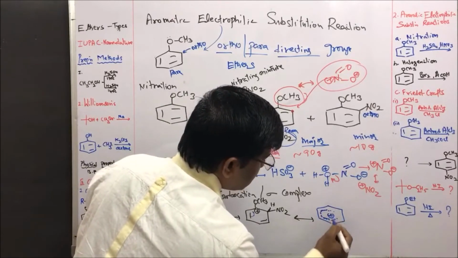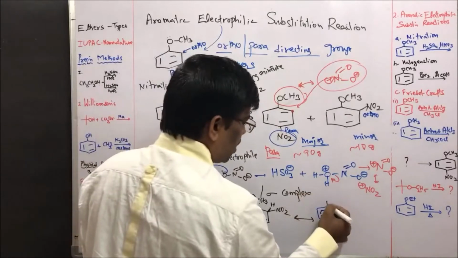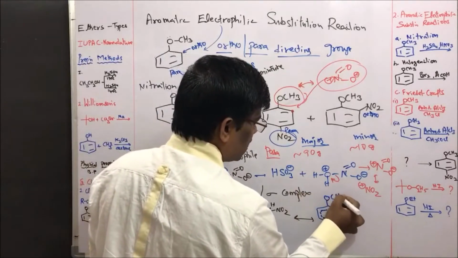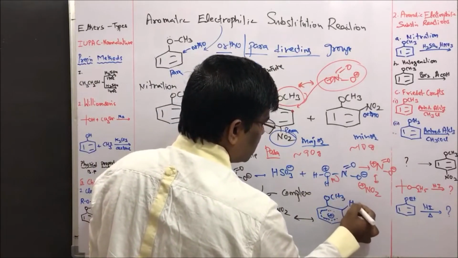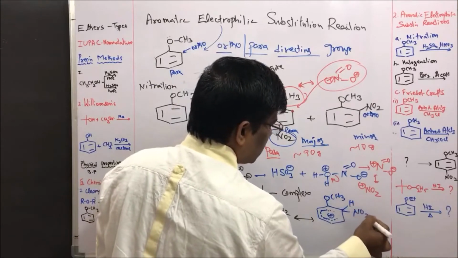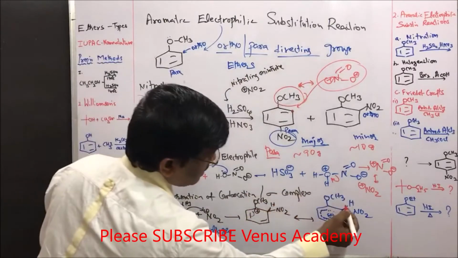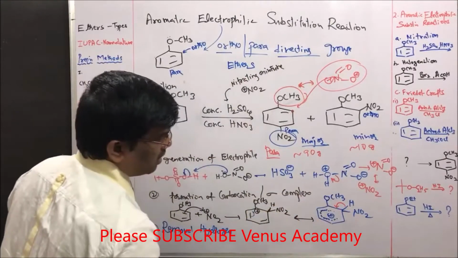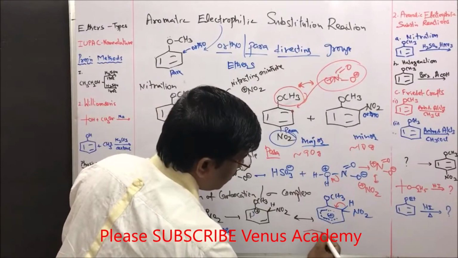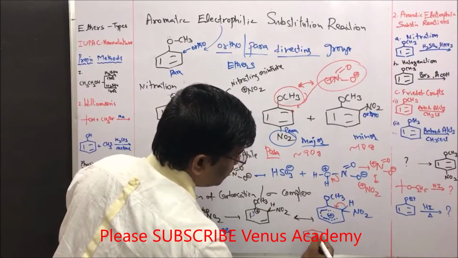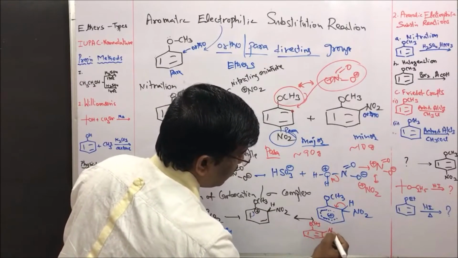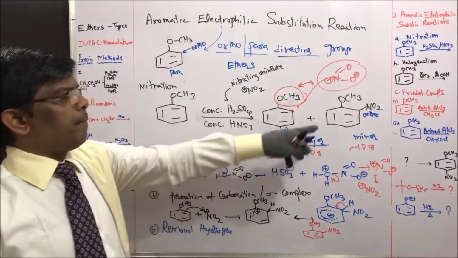The positive charge is resonating in the benzene ring, and this methoxy is there, and hydrogen is there, and the electrophile is this NO2. Right? Now the third step is removal of hydrogen. It is going to give, in this case, the ortho product, OCH3 and nitro. And in the same way you can write the para product also.